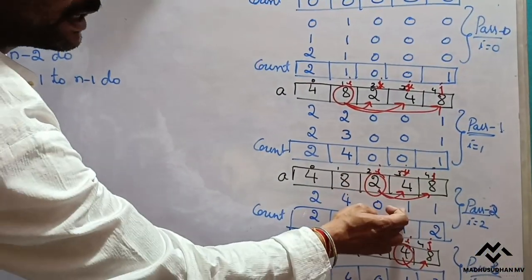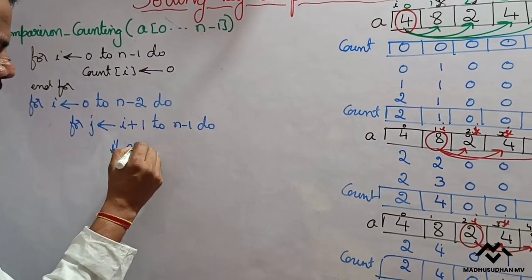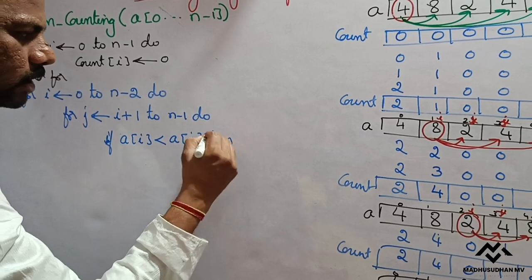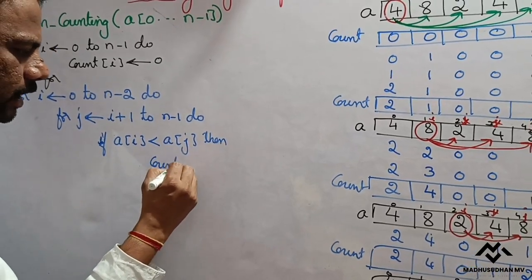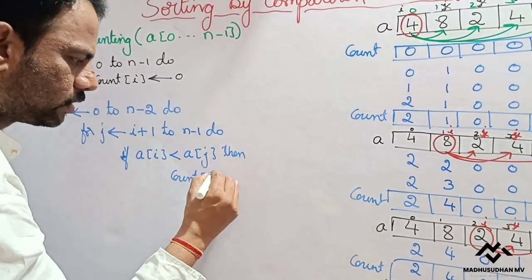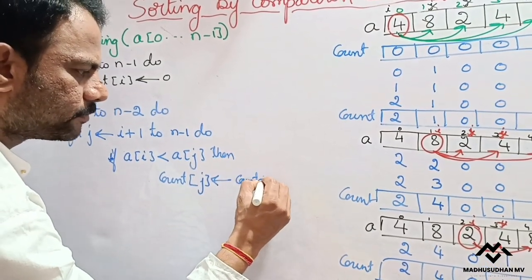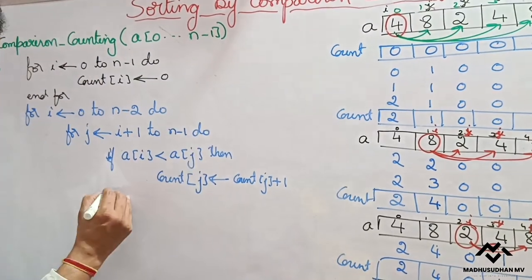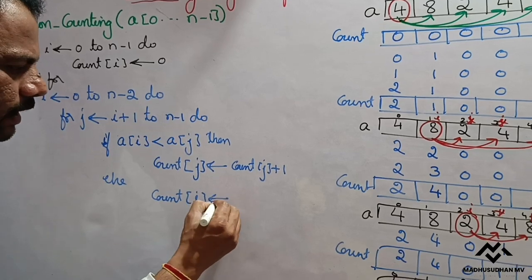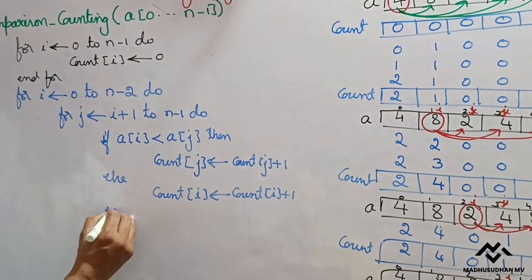So I'm writing: if a of i less than a of j, then count of j is equal to count of j plus 1. Else, if it is not less, we are incrementing count of i.